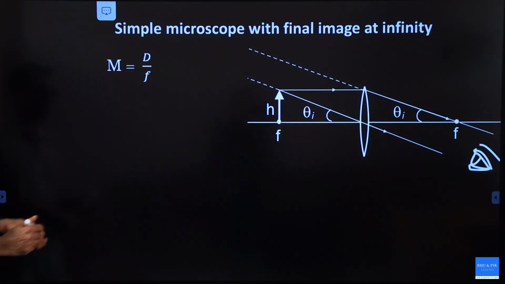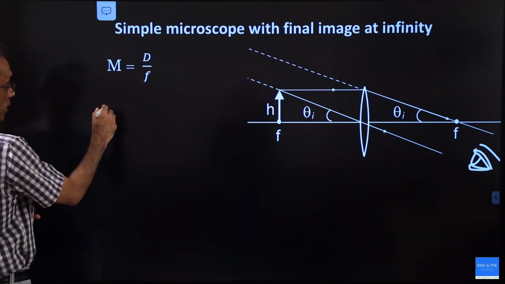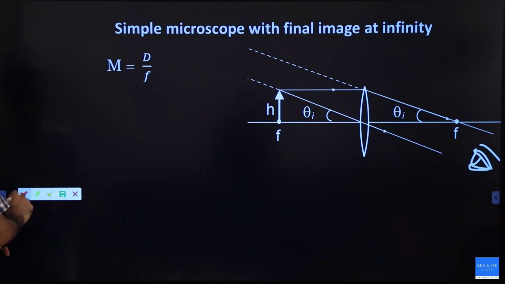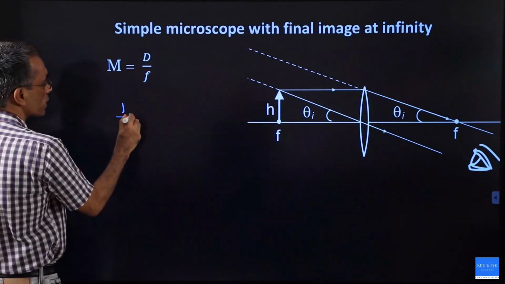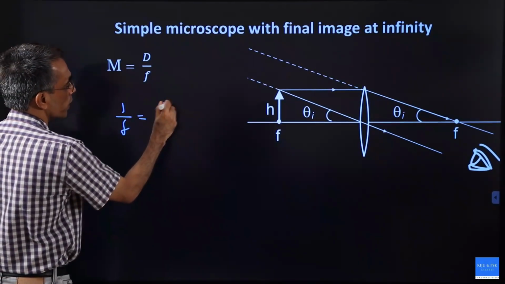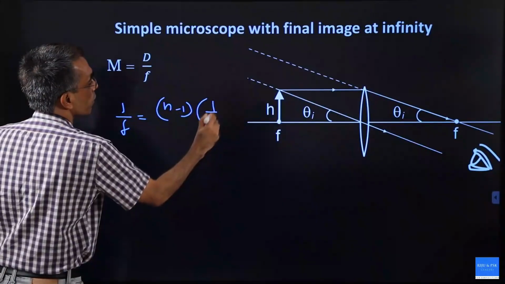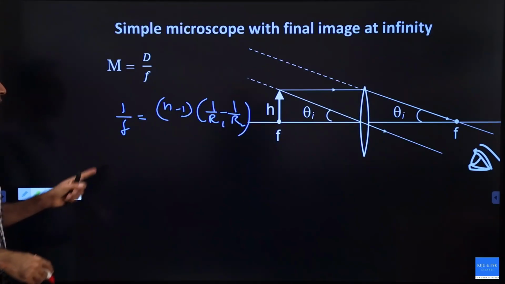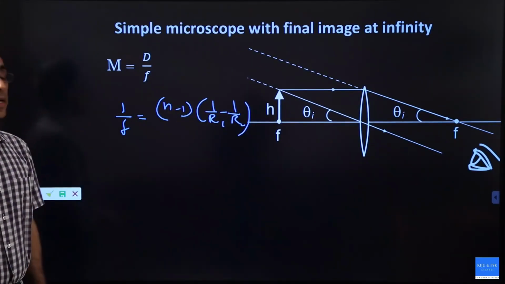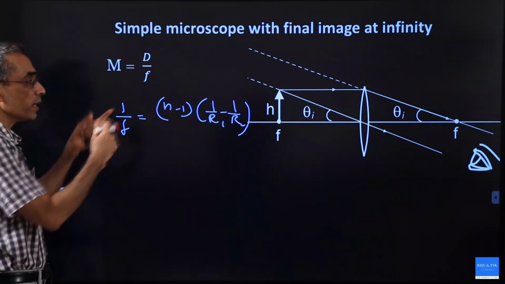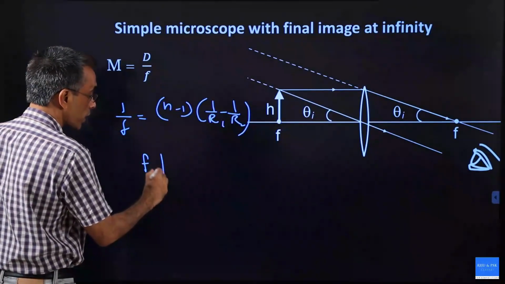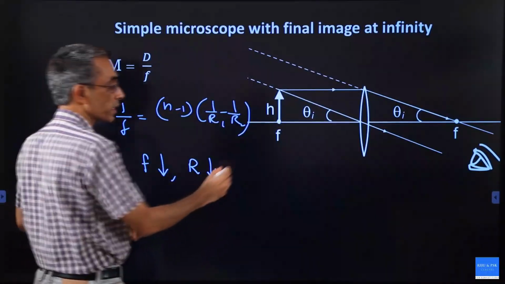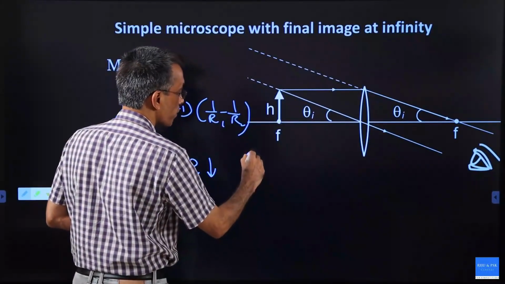the lens tends to become more and more spherical, because we know focal length is related to radius of curvature. Focal length is given by 1 by f is equal to (n minus 1) into (1 by r1 minus 1 by r2). So we understand that focal length and radius of curvature are related. When the focal length becomes smaller, the radius also becomes smaller. F decreases, then the radius of curvature also decreases, which means the lens will become more and more spherical.